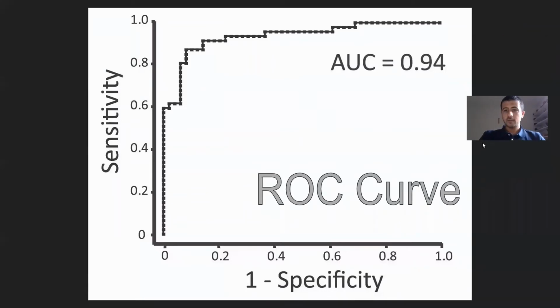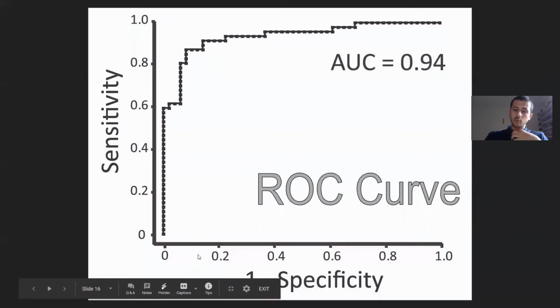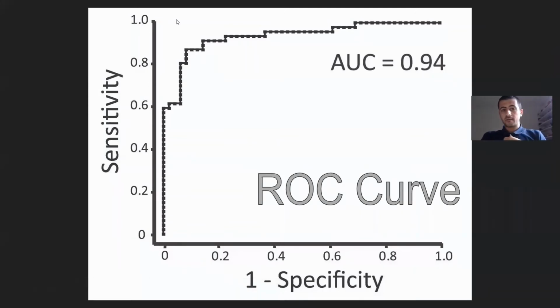Okay, perfect. This is the ROC curve, and we agreed that we use it to define the best value for sensitivity and specificity. Why? Because here, at the 0, I have the highest specificity possible, and here at the 1, I have the highest sensitivity possible. So the best point is here.